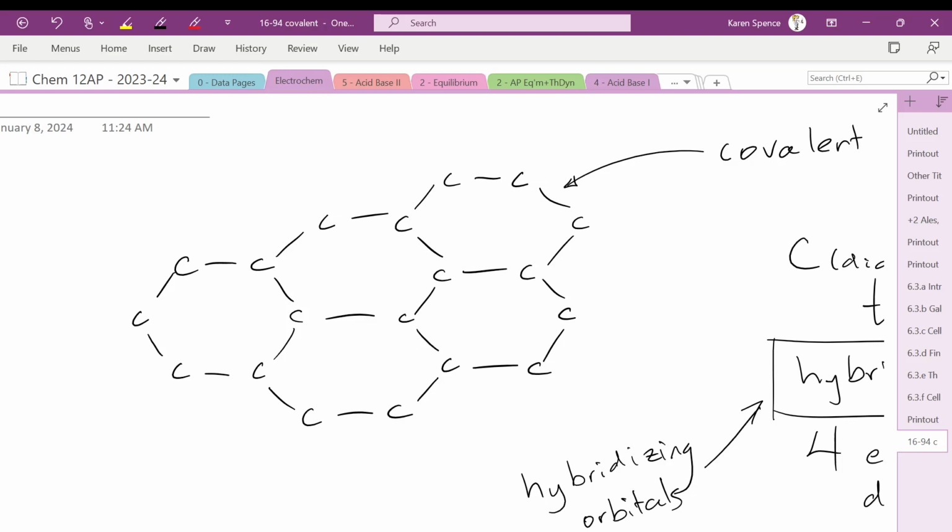It's flat. What is the molecular geometry here? Trigonal planar.